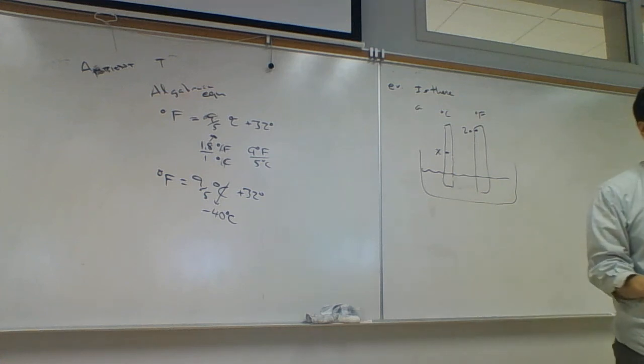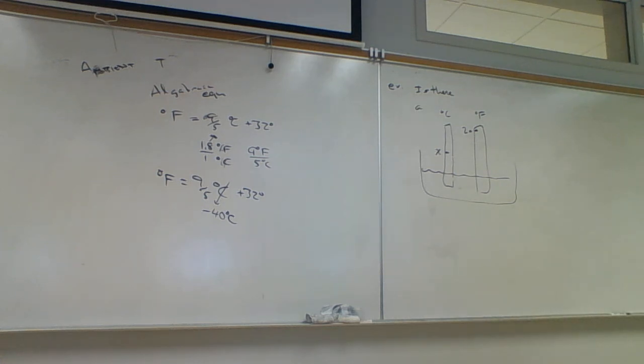So for example, if the Celsius were reading 100 degrees, the Fahrenheit would be reading 200 degrees. Maybe 100 degrees is the temperature. But is there a temperature in which the Fahrenheit would be reading exactly twice that of the Celsius?